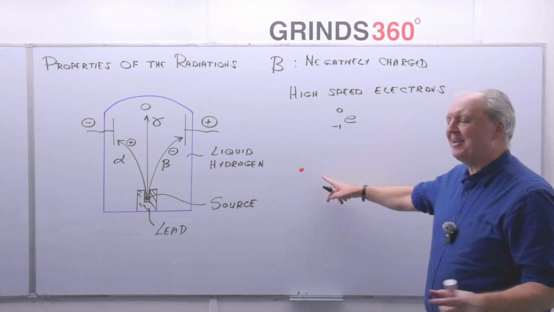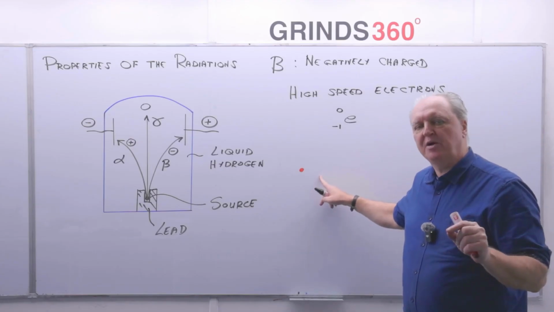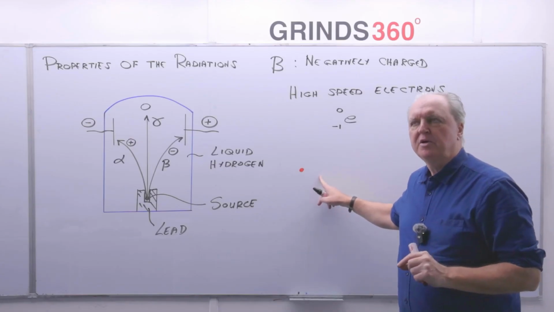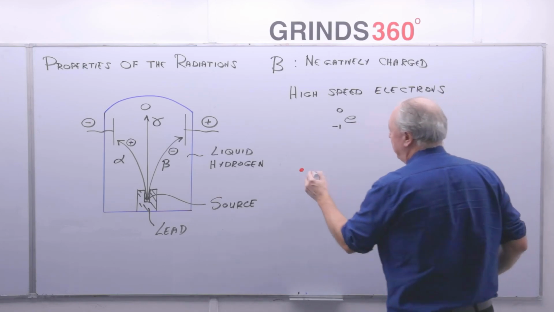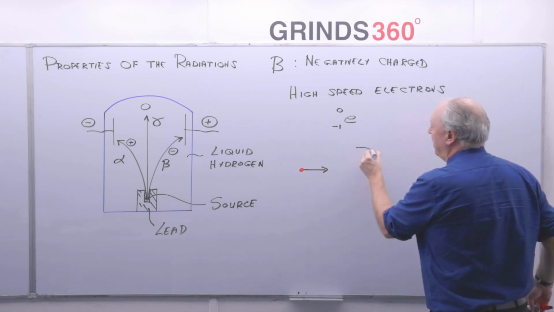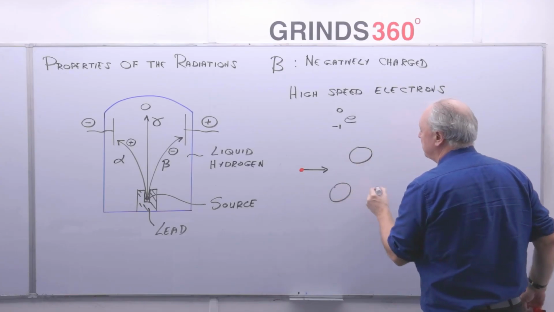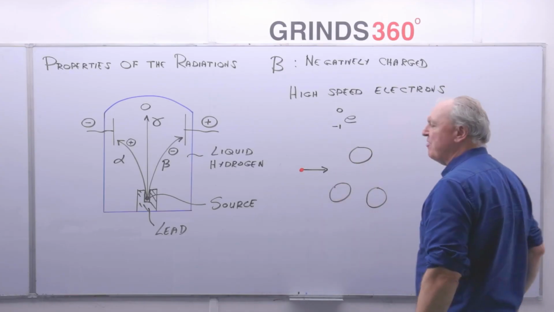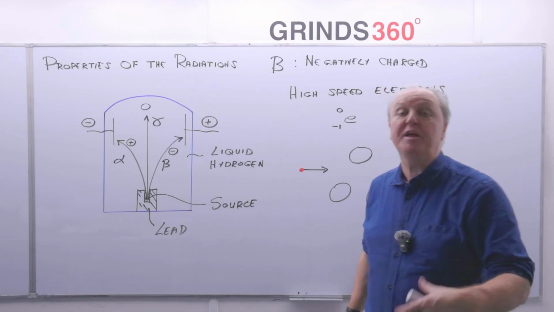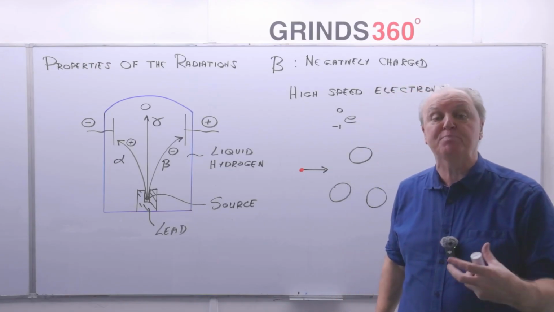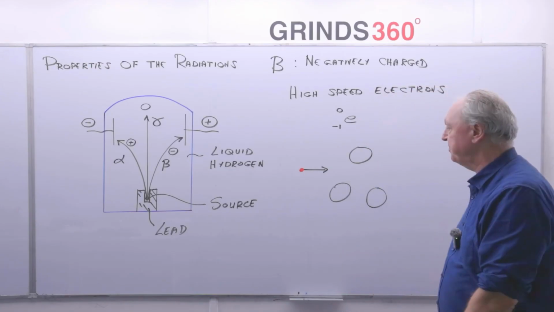So alphas are about 8,000 times bigger than your electron. So you can imagine then, when the electron goes flying through the air, here's my air molecules, they're very, very small, so they can sneak their way through. So they're not going to interact with the air molecules like the much bulkier alpha particles.